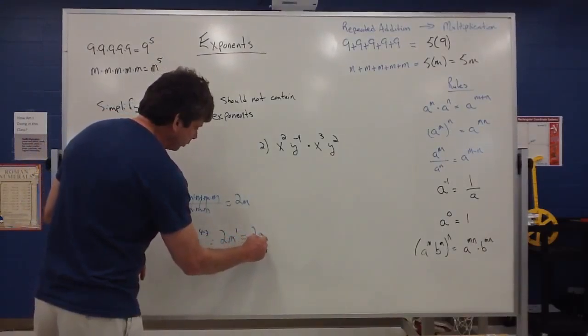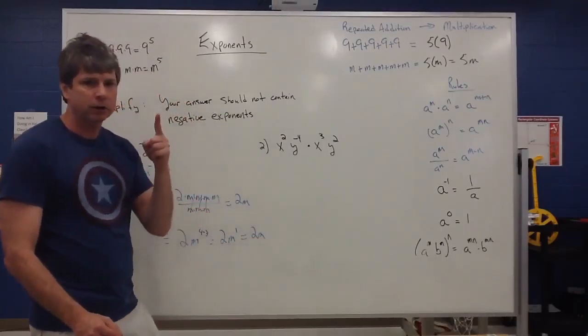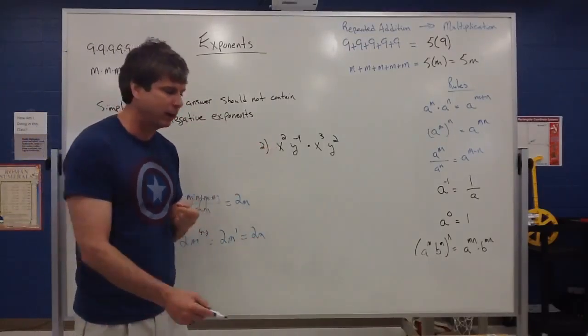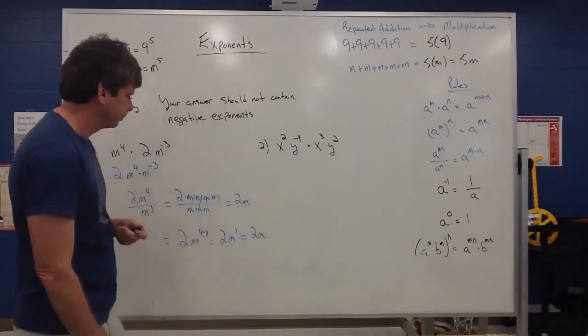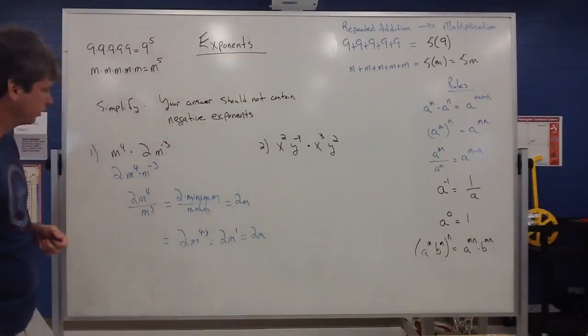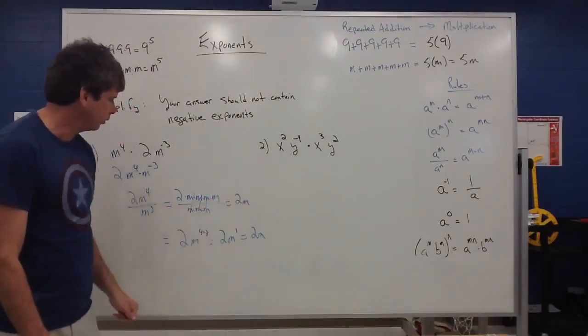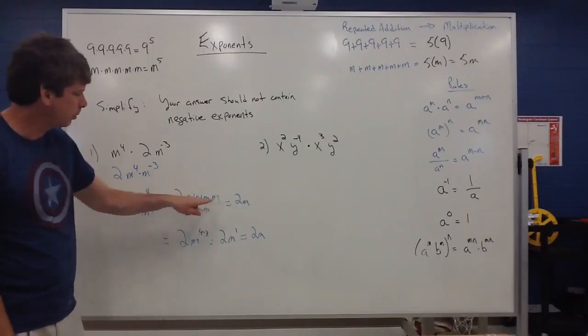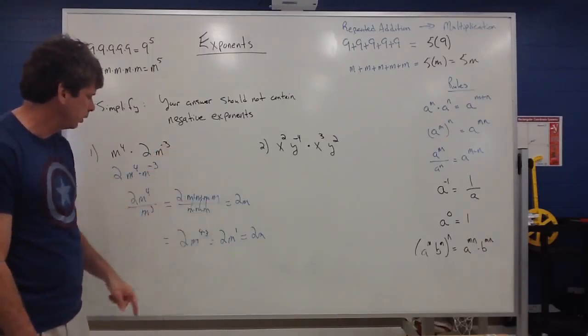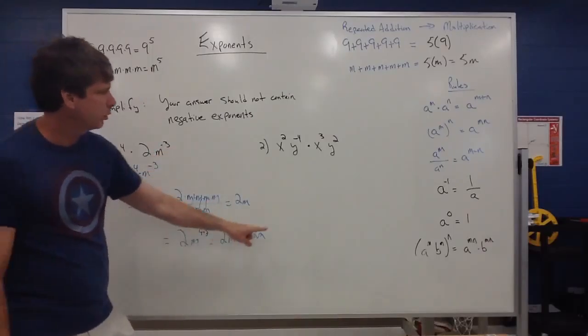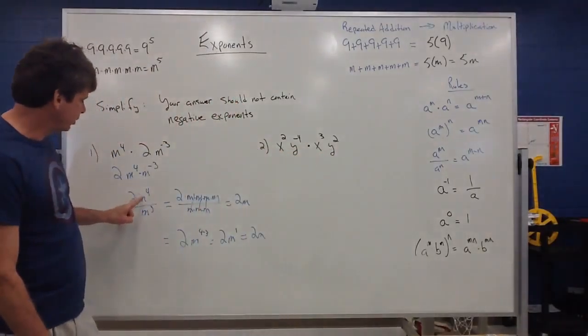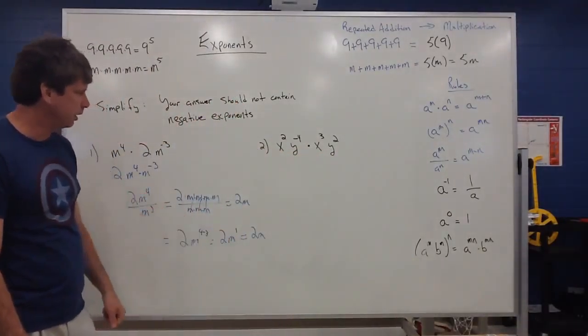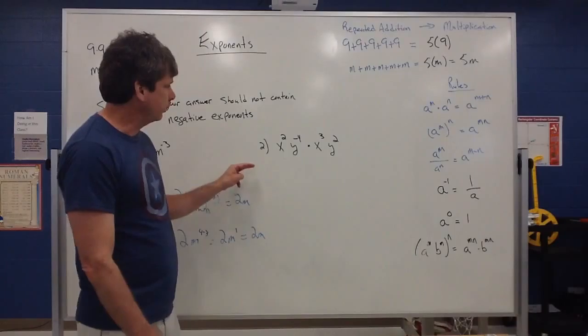But we really don't have to write m to the first power because anything to the first power is just that thing. So I can just write that as 2m. So that would be my simplified answer. Okay, so one way is I could break it down in this type of process, divide out the m's, or I can actually apply the rule that says if I have division, I'm allowed to subtract those exponents to get the answer. Let's look at this next example.